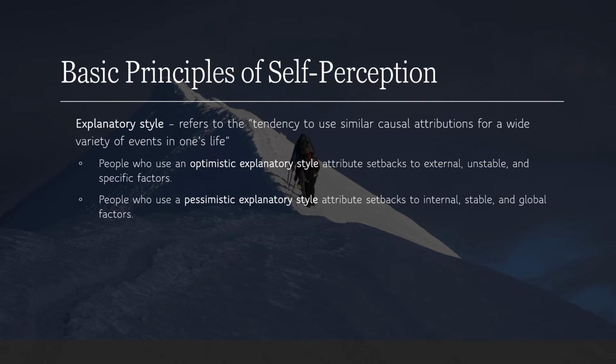I should have mentioned that a moment ago. When we think about optimism, specific means, is it something that's specific to the situation? It's not something that's universally true about me. It doesn't apply to lots of different situations. It's something that's very narrowly defined within me. And then a global factor would be something that's all-encompassing: I just tend to mess up everything.